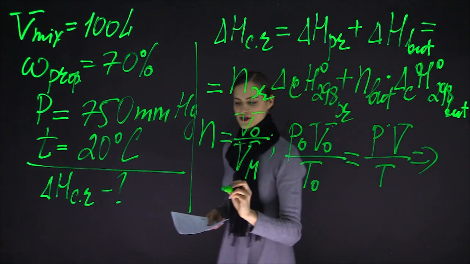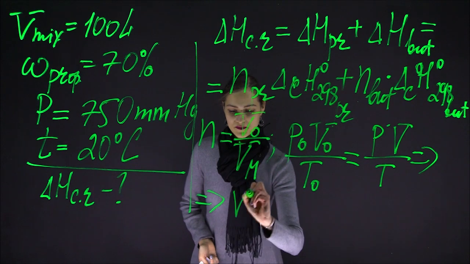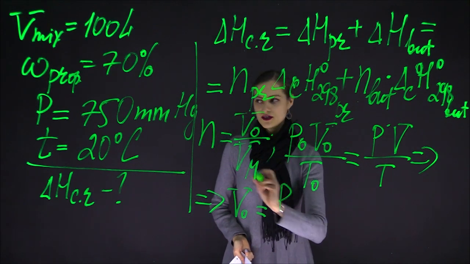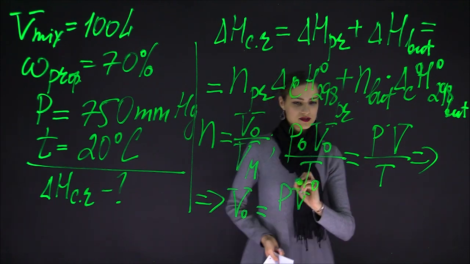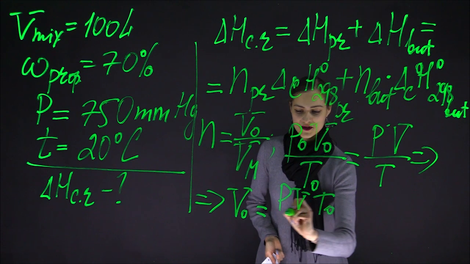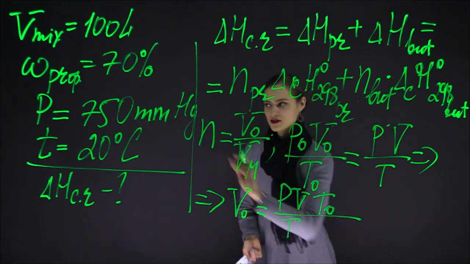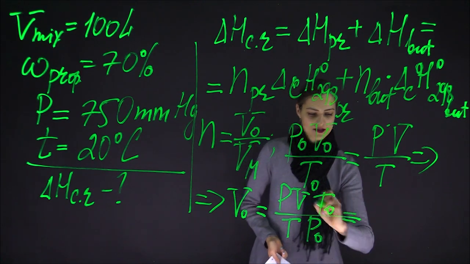In this situation, the volume in normal conditions is the pressure in our task multiplied by the volume in our task, multiplied by the temperature in normal conditions, over the temperature in the task and the pressure in normal conditions.